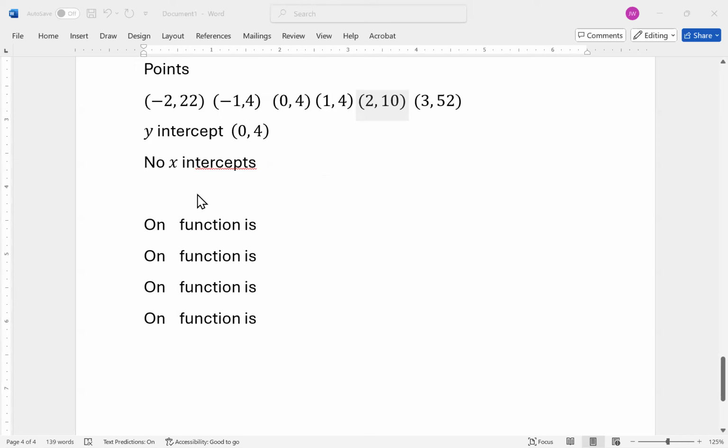So on our graph, on the interval from negative infinity up to negative 0.64-ish, I'll round it to 2 decimal places this time, the function is decreasing.